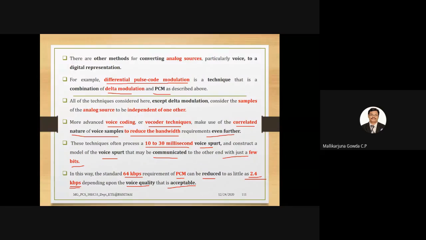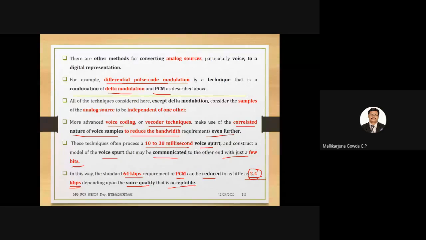Where is 64 kbps and where is 2.4 kbps? Just think of the amount of bandwidth reduced with acceptable quality of voice. So this is how advancements have been made in analog to digital converters.